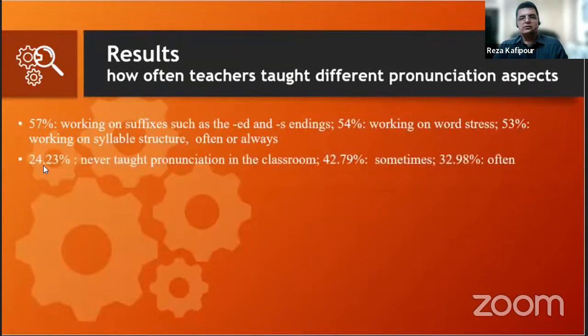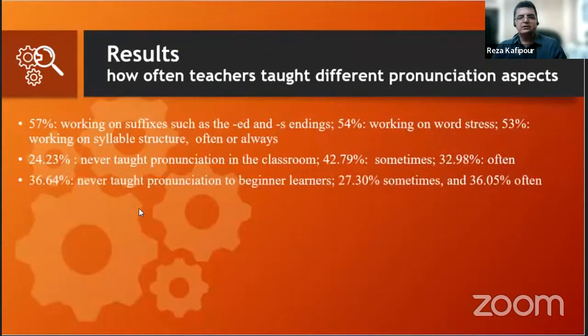But in the next part, around 24% never taught pronunciation in the classroom, while 42% reported they sometimes taught pronunciation in the classroom, and around 32% reported that they often taught pronunciation in the classroom.